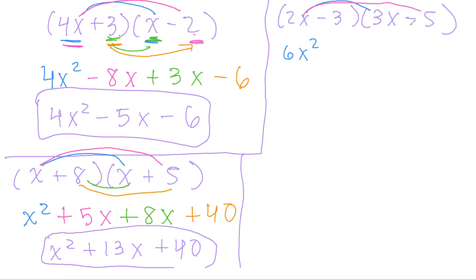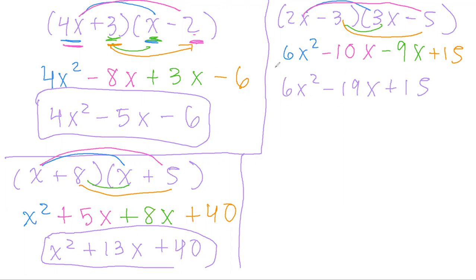And then 2x times -5, I have -10x. And then here I have -9x. Then lastly, I have plus 15. So combining like terms, I have 6x squared minus 19x plus 15.